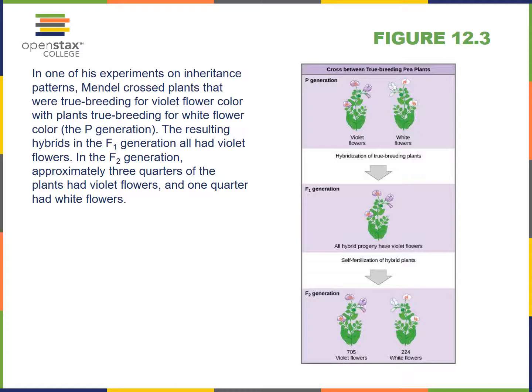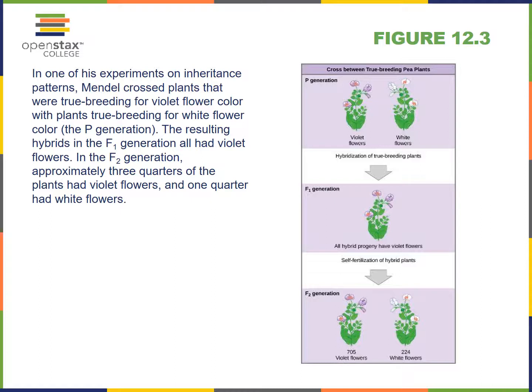So he took equal numbers of plants from the F1 generation, and he bred those together. So once again, he cut off the male parts to half of them, but left the female part, and then he would paint the pollen from the other half onto the female part of the half that was missing the male parts. So this way he was breeding half of them with the other, and he was controlling that breeding.